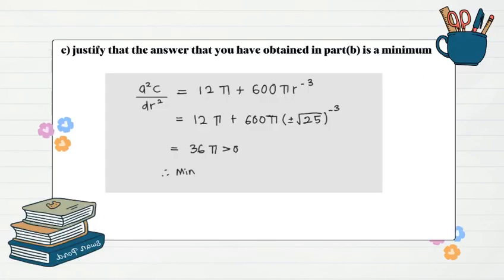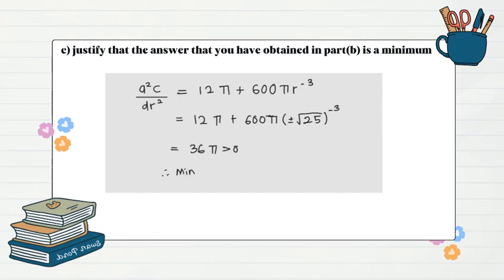Justify that the answer you obtained in part B is a minimum. First, d squared C over dr squared equals 12 pi plus 600 pi r to the power of minus 3. We are going to substitute the value for r: 12 pi plus 600 pi times the cube root of 25 to the minus 3.